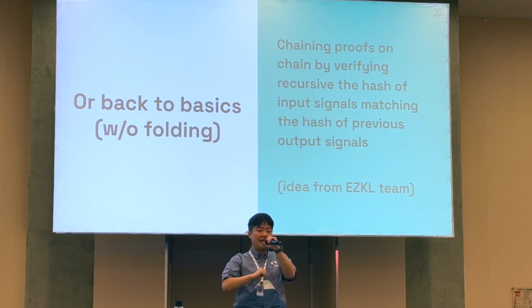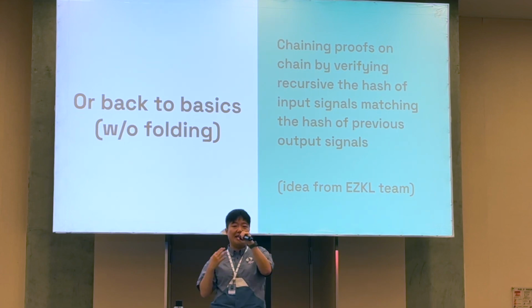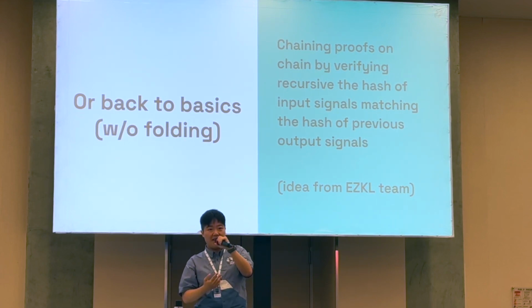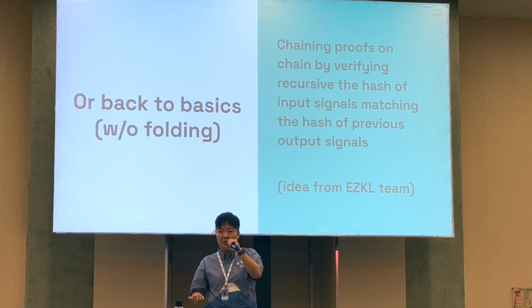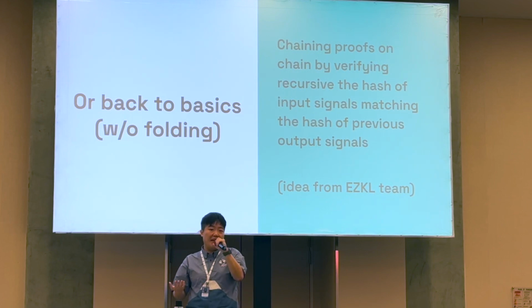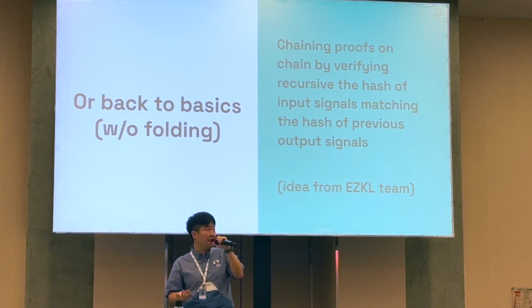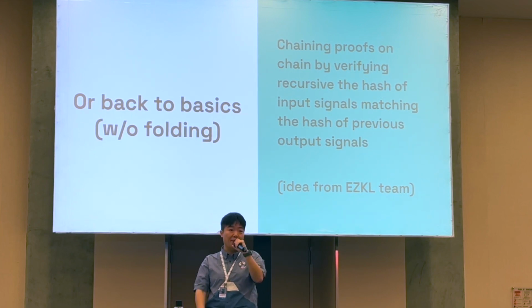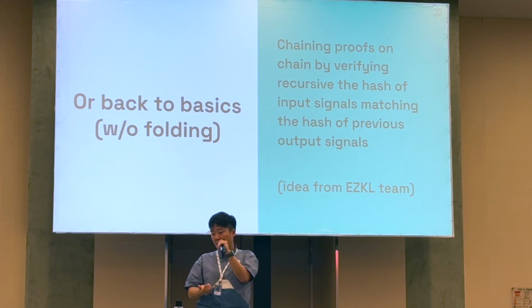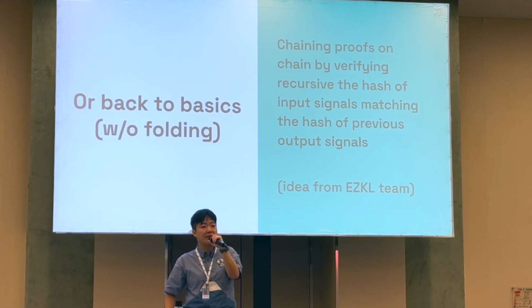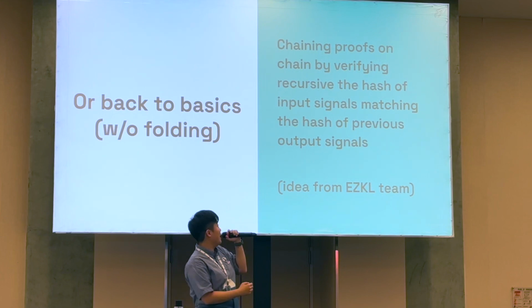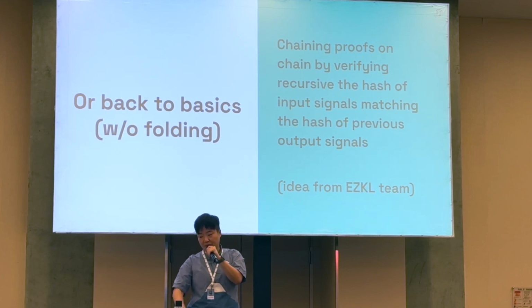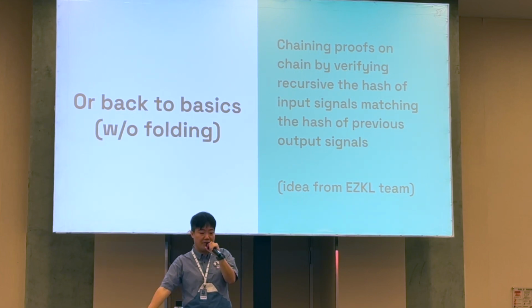That is the most basic idea of divide and conquer. And that is something that apparently no one has gone into somehow, but it could be the lowest hanging fruit or the easiest way to get big circuits onto the chain. It doesn't have to be ZKML specifically, but of course, ZKML currently has some of the largest circuits that we get, and it would be incredibly helpful to have some kind of chaining or meta prover.